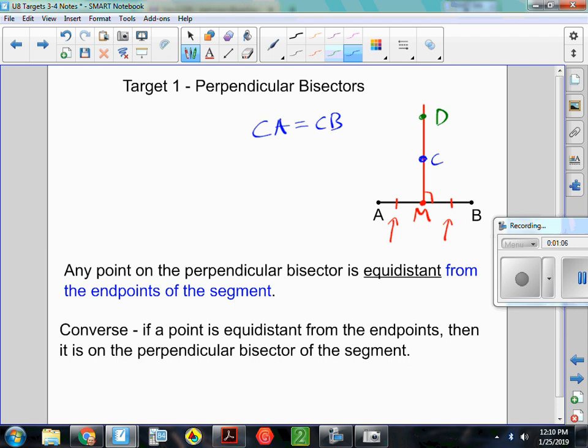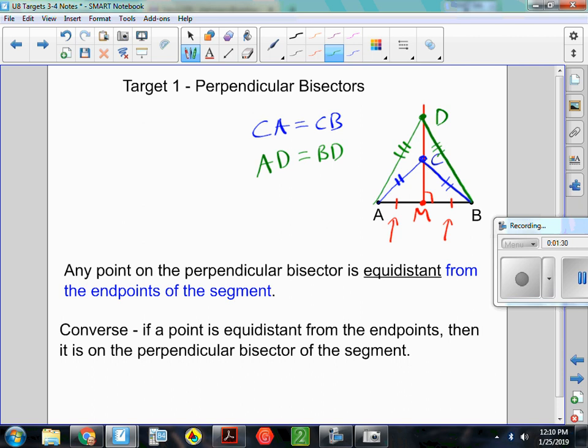If I wanted to show that, I could draw a segment and put a mark there, CB, put a mark there and show that. I could do the same thing with point D. I could say that AD is equal to BD. And so I could draw a line there and show that congruence, and draw a line there and show that congruence.